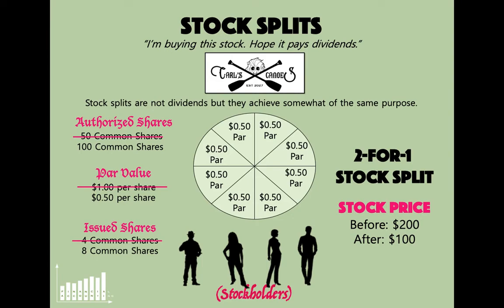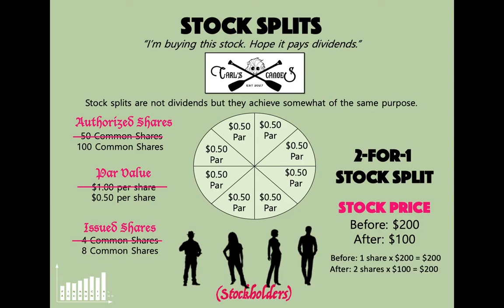So we may say, well, why do we want to reduce stock price? Well, most of the time, if a company's stock price gets too high to where people who buy them in large amounts are not as willing to purchase them, it becomes almost unaffordable. Then the company may split the stock to bring that price down so it becomes more affordable again.